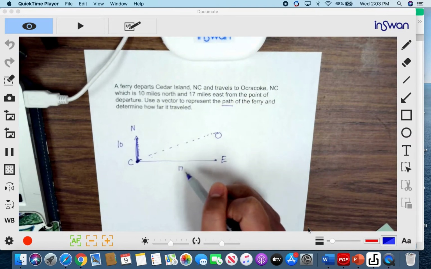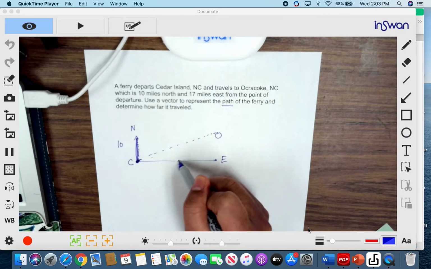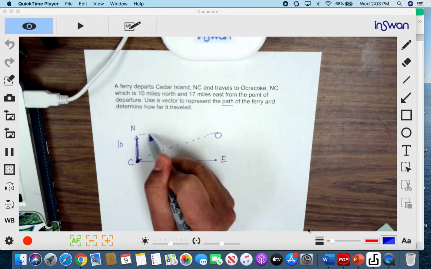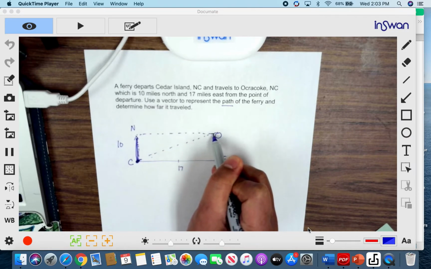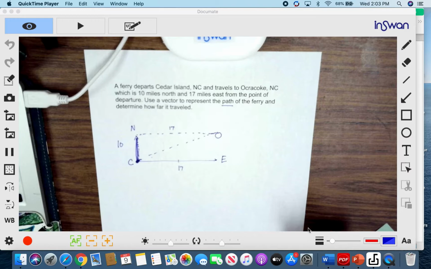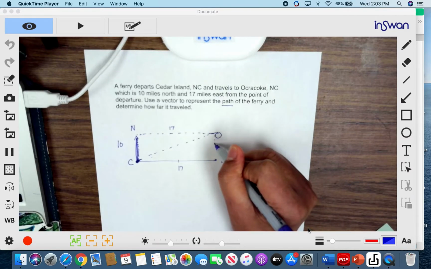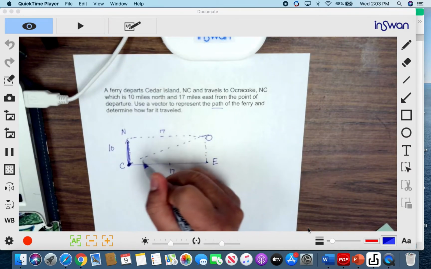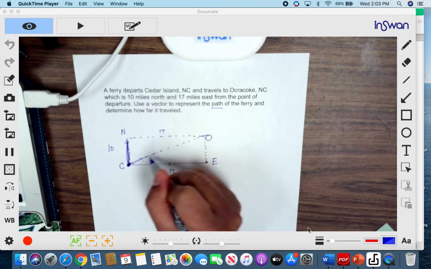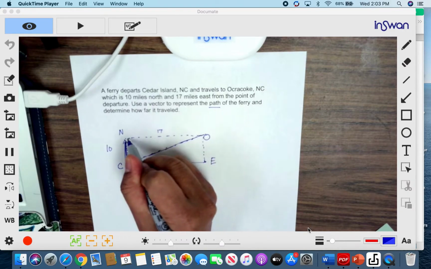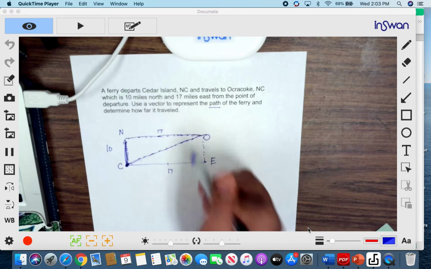So this 17 here is also 17, and this is also 10. But our figure is going in this direction, that would be the northeast direction.